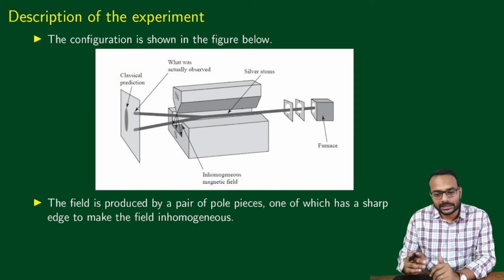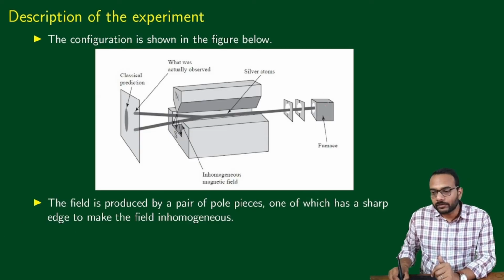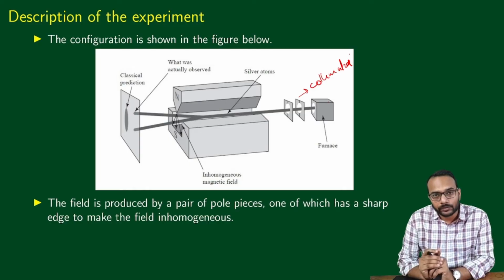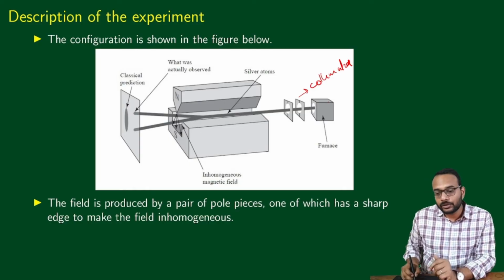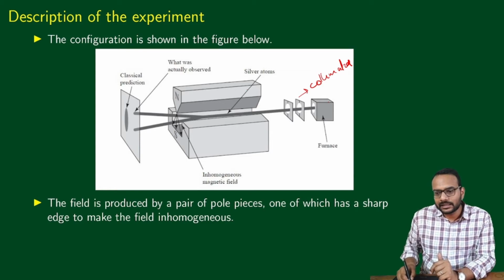This picture shows the configuration of the experiment. Here you have the furnace, which is used to heat up the silver atoms. Once they are vaporized, they can be sent through these collimating slits, which are basically collimators, so that we get a narrow beam of silver atoms. It is then sent through an inhomogeneous magnetic field. These are the pole pieces of the magnet, and you see that the upper part is sharpened.